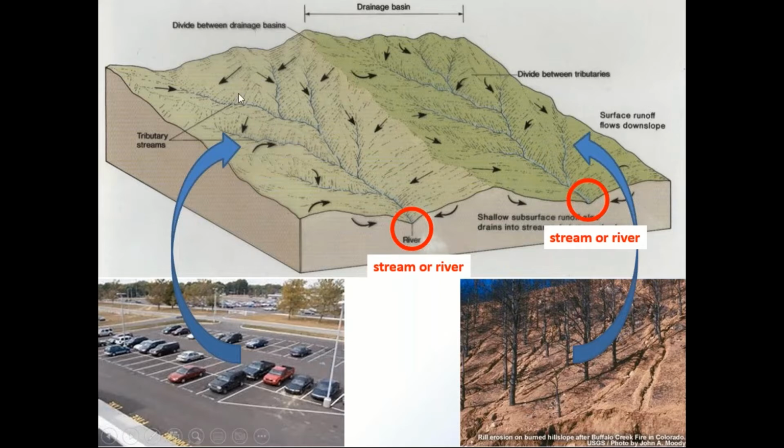So on the drainage basin on the left, let's just pretend that its surface is basically a big parking lot. It's all paved over with concrete and asphalt, and that's what this drainage basin looks like. Well, if that's the case, then whenever we have rainfall or snowmelt, most of that water will not soak into the ground, right?